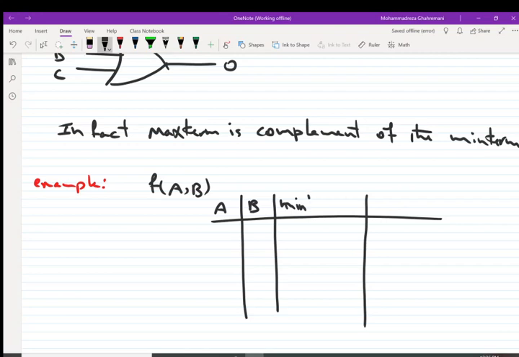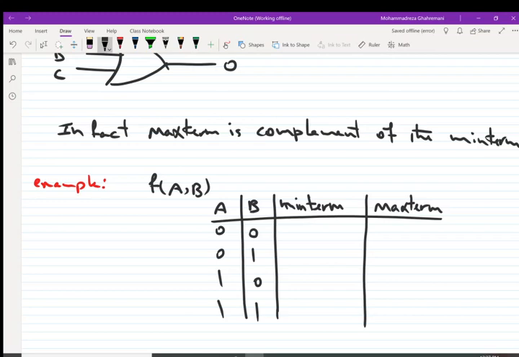A and B have 4 different combinations. Let's first start writing minterm. For minterm, we show them with lowercase m. Lowercase m stands for minterm, uppercase M stands for maxterm.